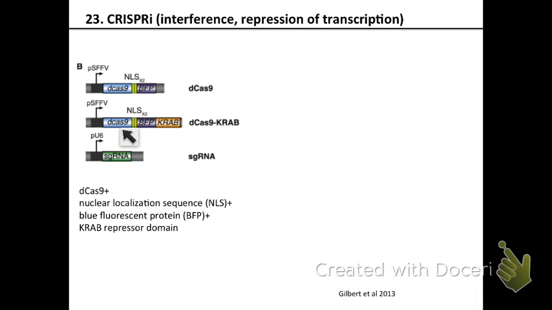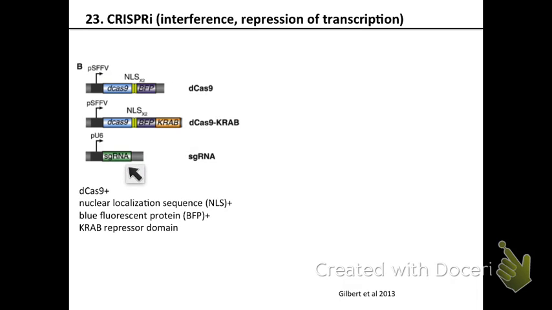In another construct, they have dCas9 with the fluorescent marker, and then they fused a repressor domain from a protein called CRAB. So they fused the CRAB repressor domain to dCas9, and when this construct is in the cells and gets transcribed and translated, it's going to produce a dCas9 protein that's fused to the fluorescent protein and the CRAB repressor domain.